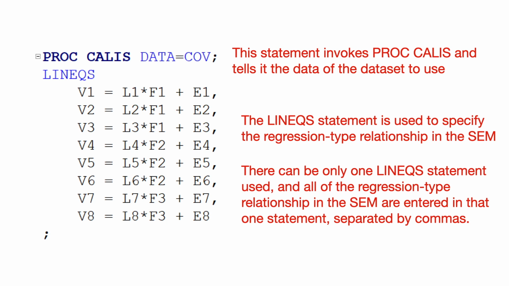And so in this example, we have LinEQS, and then the first equation, V1 equal to L1, which represents lambda 1, times F1 plus E1, and then a comma, V2 equal to L2 times F1 plus E2, and then a comma, and so on down to the last equation, V8 equal to L8 times F3 plus E8. So notice that all of those equations are separated by commas. Also note that there is no comma after the last equation. That would generate an error, but we do have to have a semicolon after that last equation.